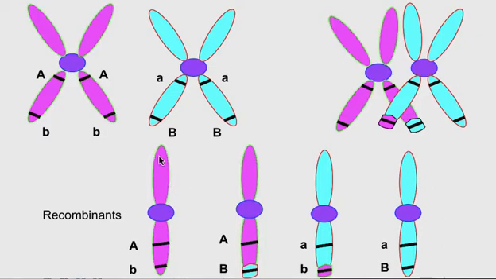And the most significant thing here is we've got non-recombinant chromosomes, one here and one here, that are the exact same as the parent chromosome. And therefore, instead of having all chromosomes crossing over, some can and some don't.